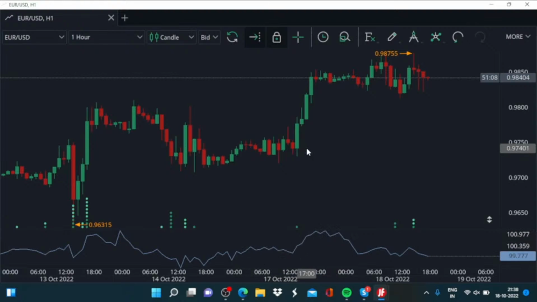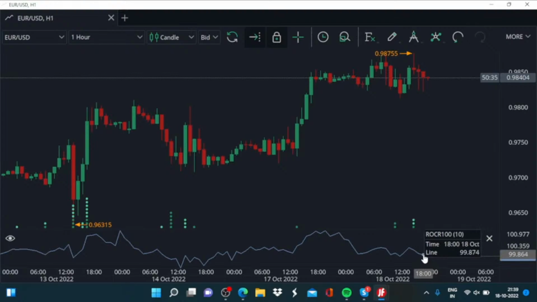We have to simply compare whatever is the current value to the value which prevailed a certain period of time back. So suppose 10 is the calculation period, then we compare the current applied price, suppose it is the closing price, then we compare the current candle's closing price to the closing price which prevailed 10 hours back, and then we take the ratio, the percentage change in that, and we then modify the output for the scale of 100.